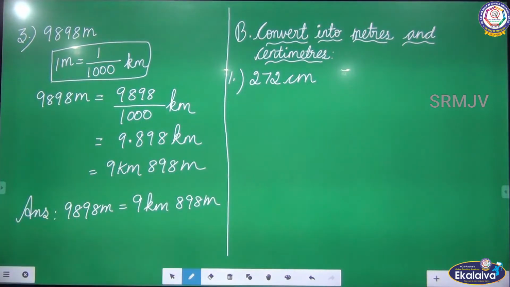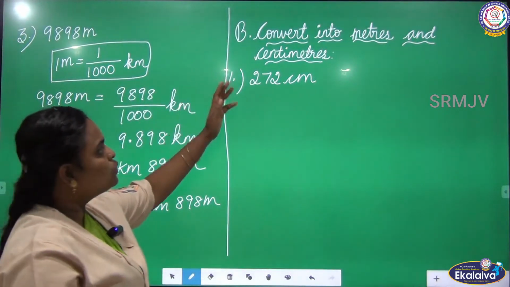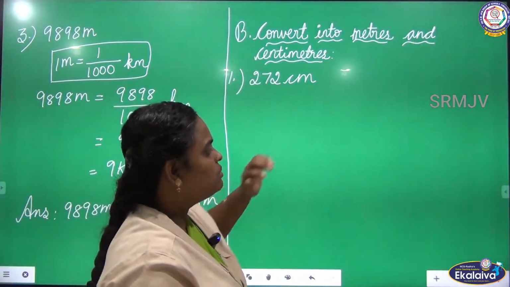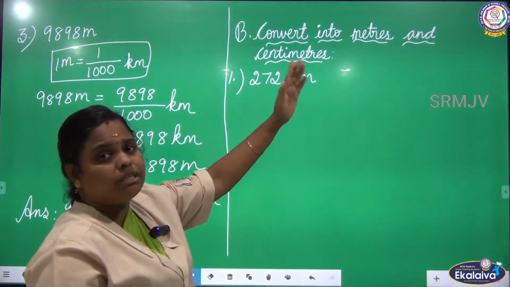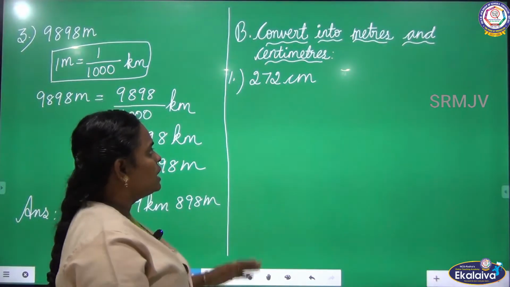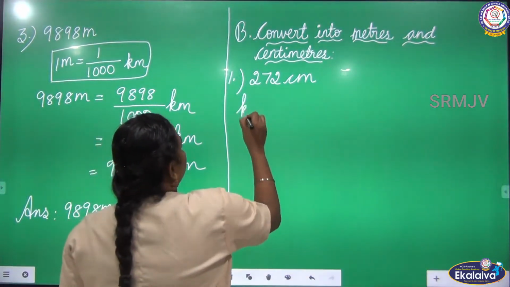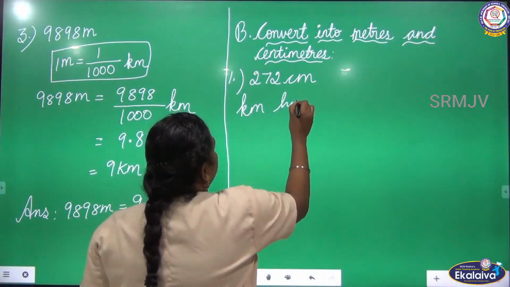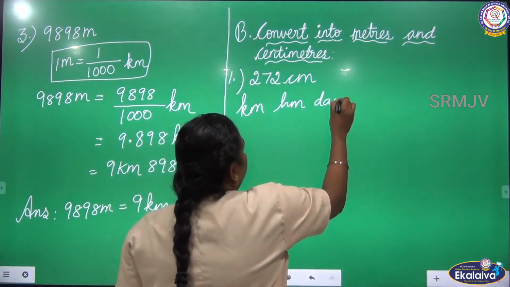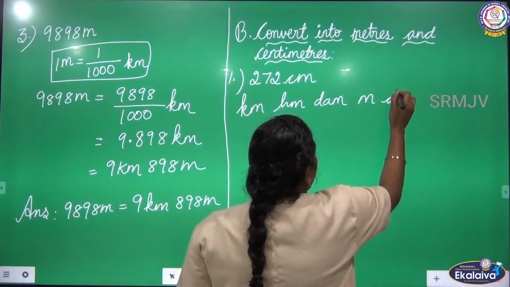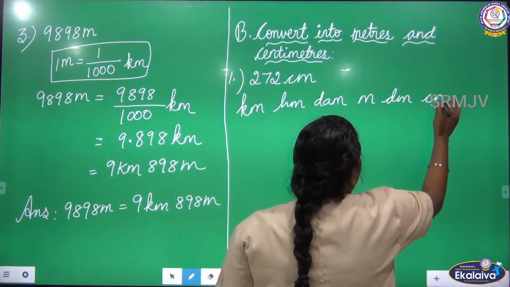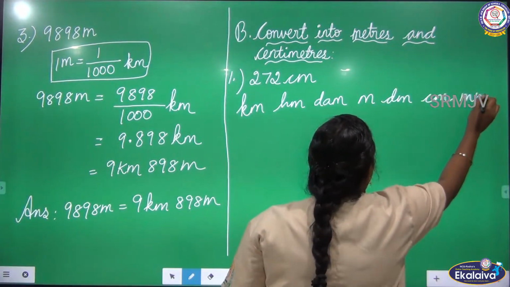Next one, convert into meters and centimeters. So we are going to convert centimeter into meter. Listen: kilometer, hectometer, decameter, meter, decimeter, centimeter and then millimeter.